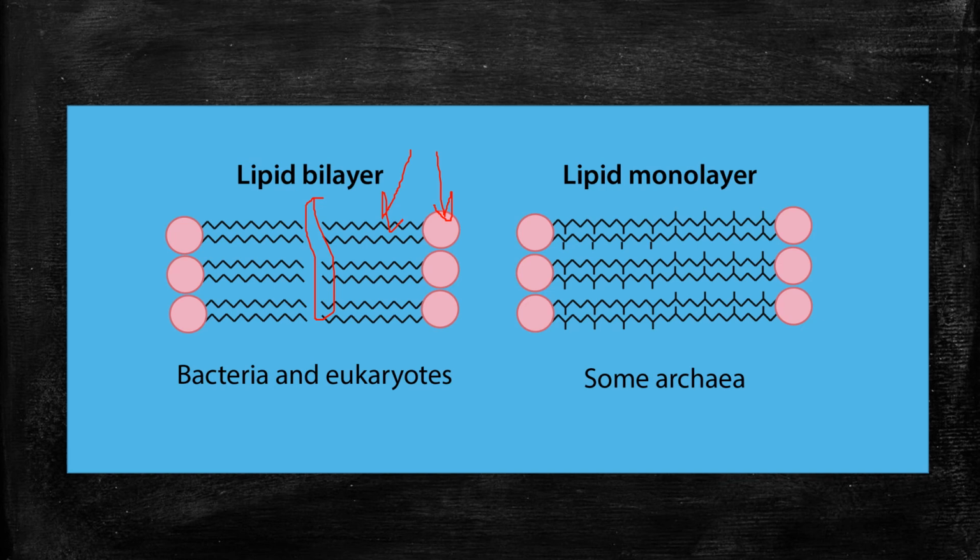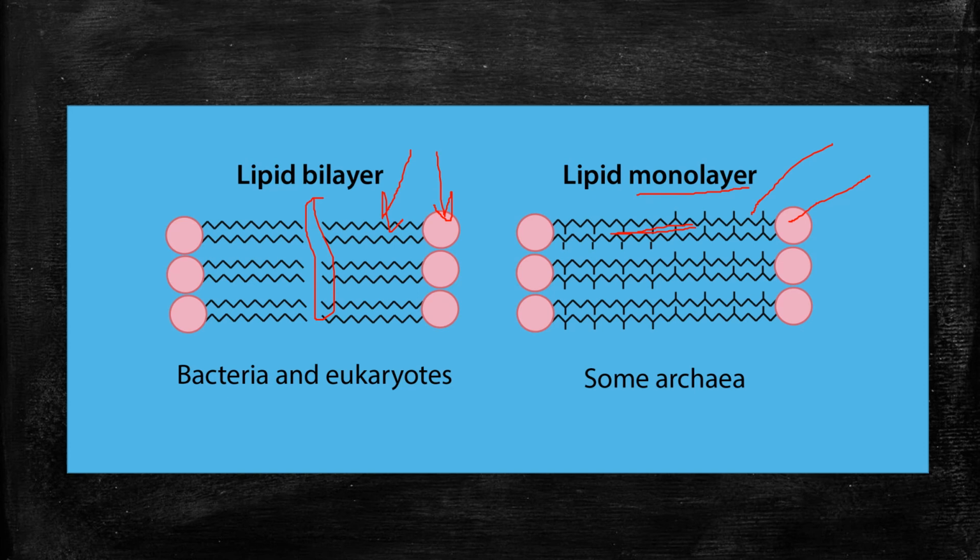Well, in some archaea, and I would argue most actually, there's no bilayer. There's a lipid monolayer. So we still have the hydrophobic tails and the hydrophilic heads, but they link the tails together, and that allows for some rigidity and some protection.